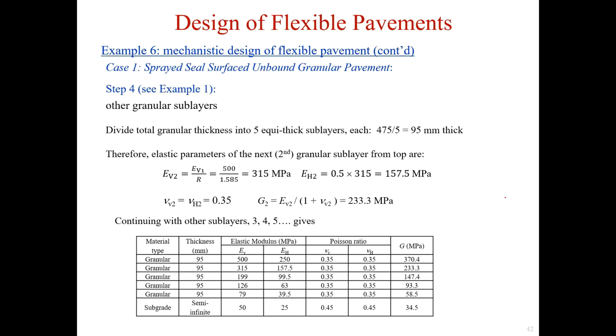Correspondingly, EH2 is 157.5 megapascal. Since mu V2 equals mu H2 equals 0.35, we get the shear modulus as 233.3 megapascal. We follow the same procedure to calculate the other sublayers 3, 4, 5. A summary of the calculated material properties is given in the following table.